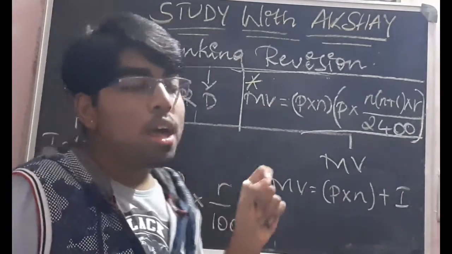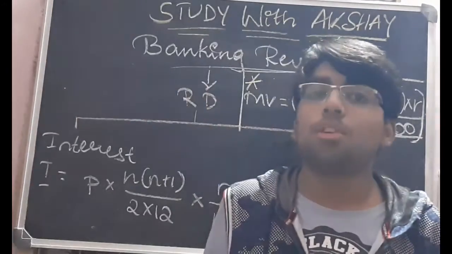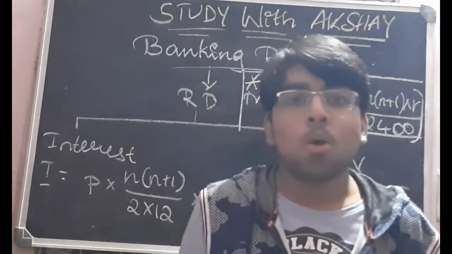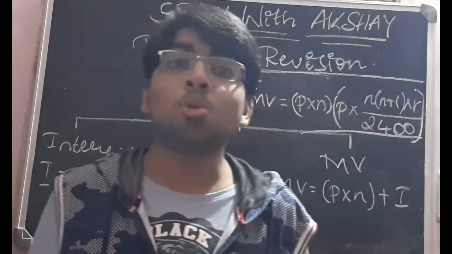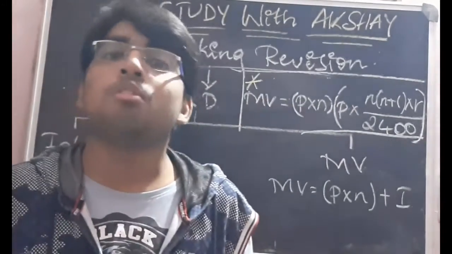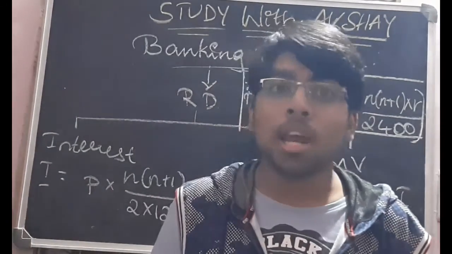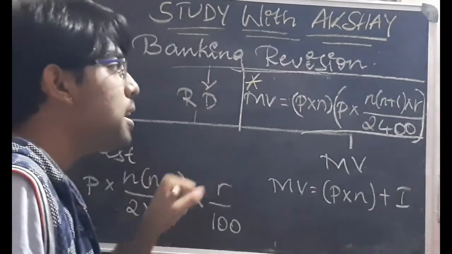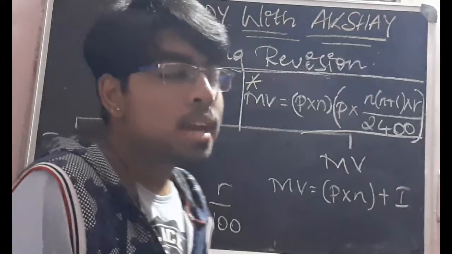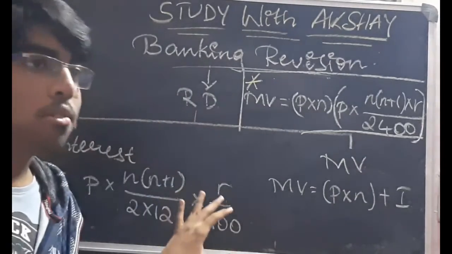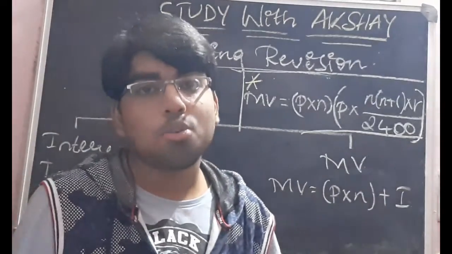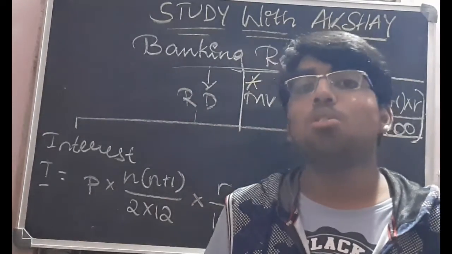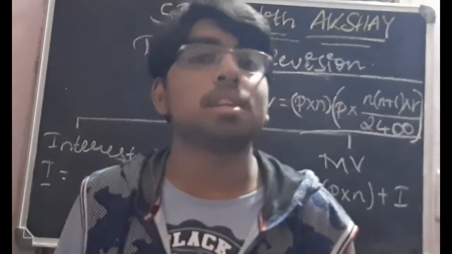As we all know, there will not be any marks allocated for the formulas. Only for substitution, that too correct substitution, we will be getting 1 mark, according to the marking scheme of the board. So this formula is very important, and in case you first find out interest and then find out maturity value, you will be wasting some time, and the other way around you will be writing too many steps.